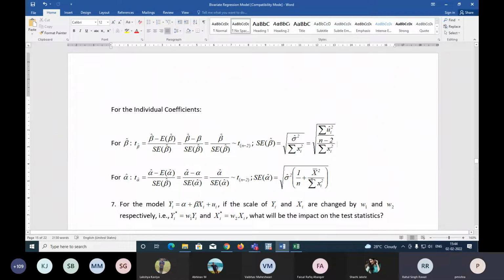Earlier we didn't take the square root, but the square root is to be taken. We just missed that out. Okay, now what will happen?